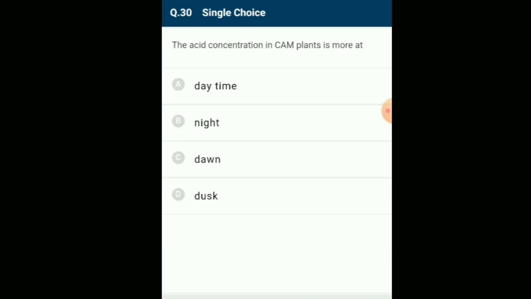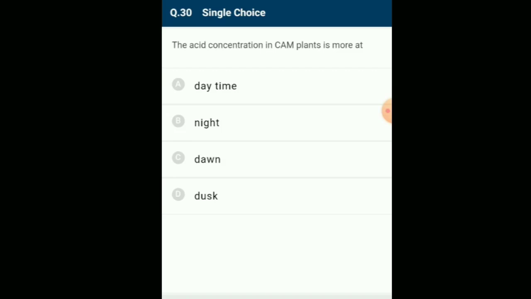Formation of malic acid during dark is called acidification or phase 1. Release of carbon dioxide for actual photosynthesis during day is called deacidification or phase 2. The CAM plants also contain the enzymes of the Calvin cycle. Thus, during daytime, malic acid breaks into pyruvate and carbon dioxide.